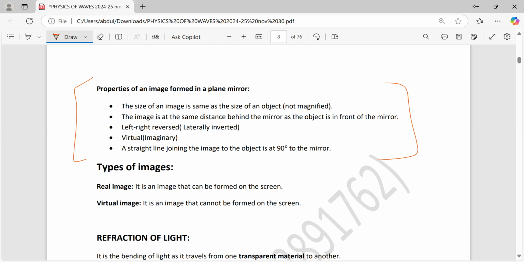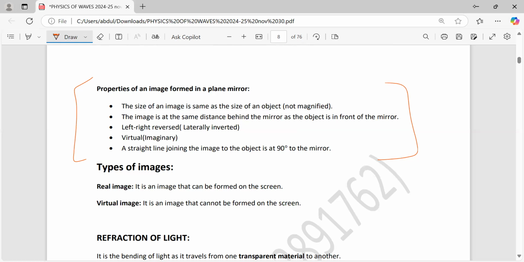The size of an image is the same as the size of the object, not magnified.